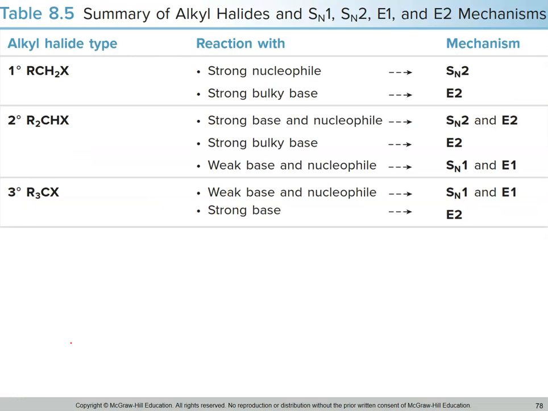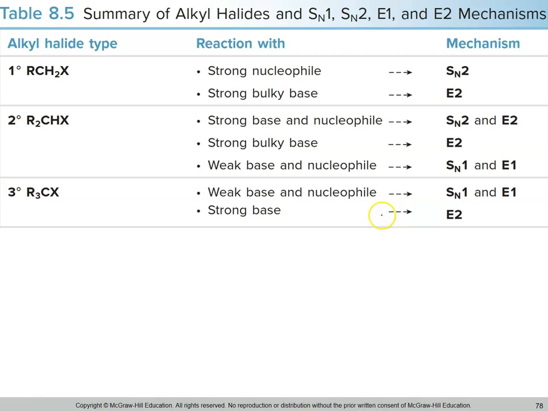Here's an overview of the alkyl halides and the difference between SN1, SN2, E1, and E2 mechanisms. I think the first step is to always look at primary, secondary, tertiary alkyl halide, and that'll help you decide if you're going to look for more of an SN2, E2, or an SN1 or E1. The next thing is to look at the nucleophile or the base. If it's strong, it's going to generally be going through an E2 mechanism, for the primary, and for the tertiary, if we're talking about a strong base, we're going to have an E2 as well.